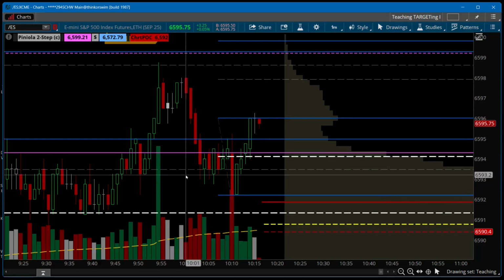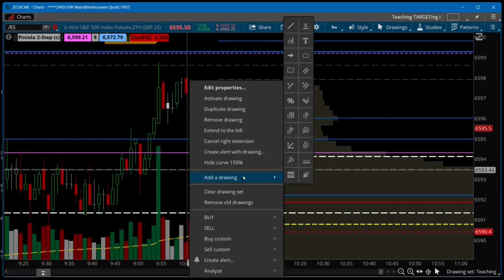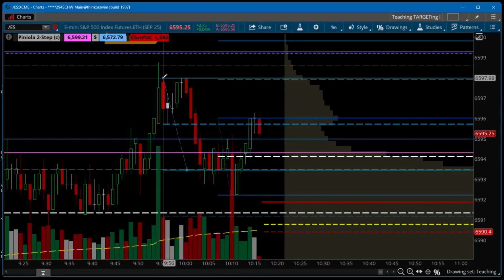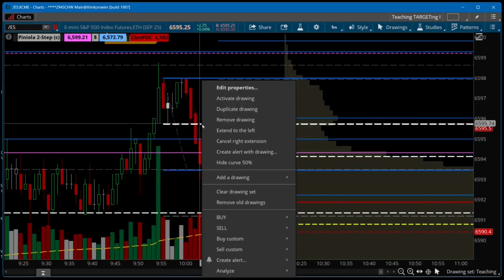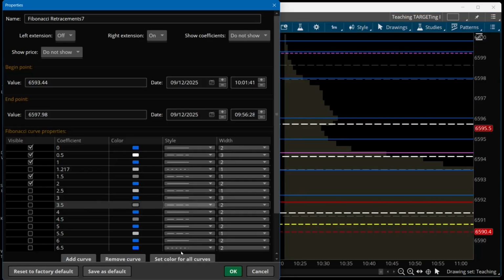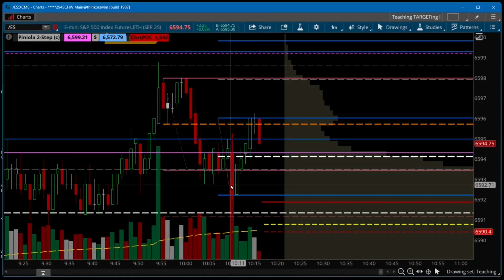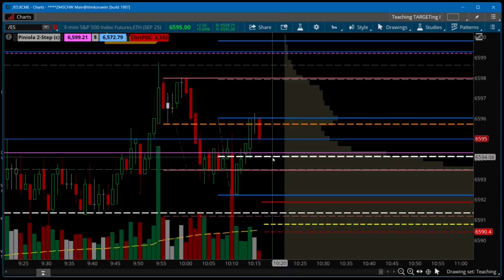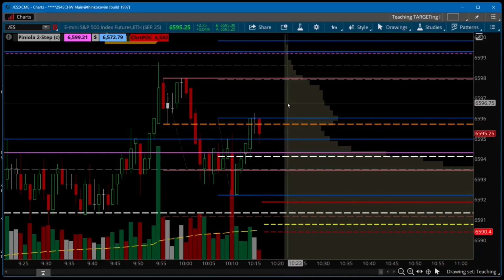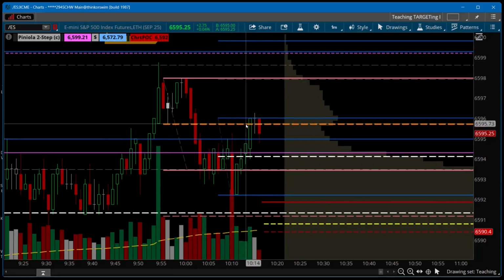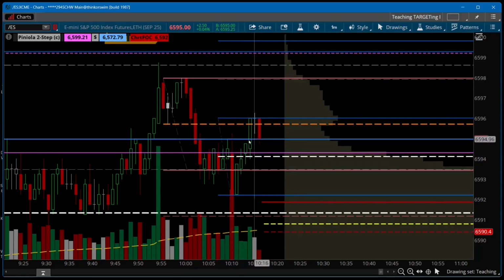But if I was to put this back, you see how we've got a no-fly zone in between here? Because you're bullish on this cycle to here, as long as it stays above that, and you're bearish on this cycle as long as it stays below the orange line.